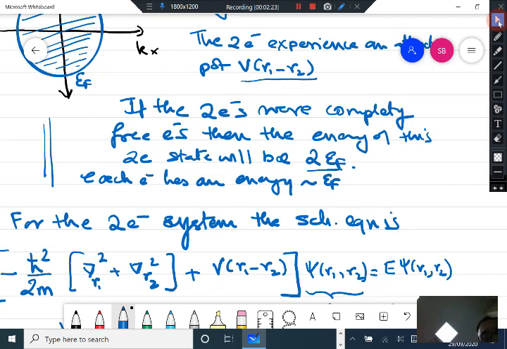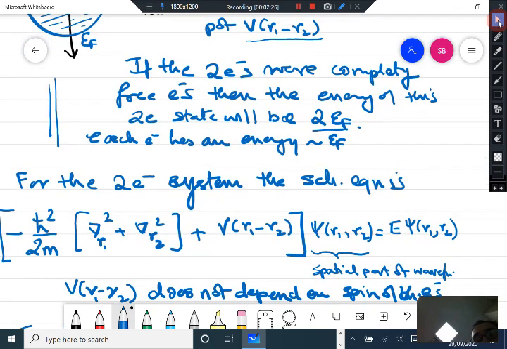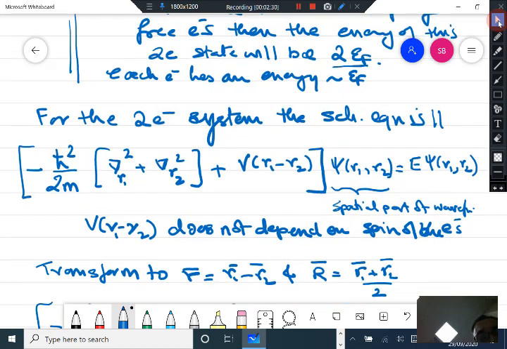Now, for the two electron system, one can write down the Schrodinger's equation, which is given here: minus h cross square by 2m, del r1 square plus del r2 square, where r1 and r2 are the position vectors of the individual electrons, plus the potential V(r1 minus r2), acting on the two electron wave function psi(r1, r2), equal to E psi(r1, r2).